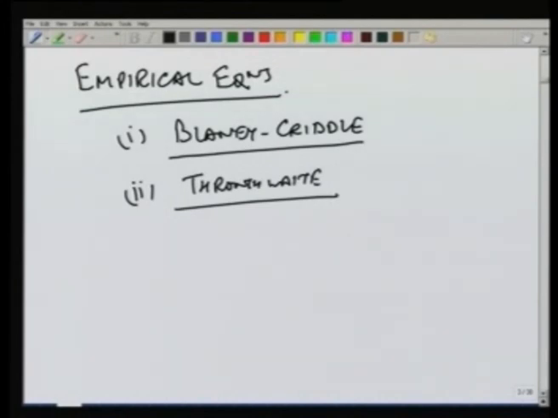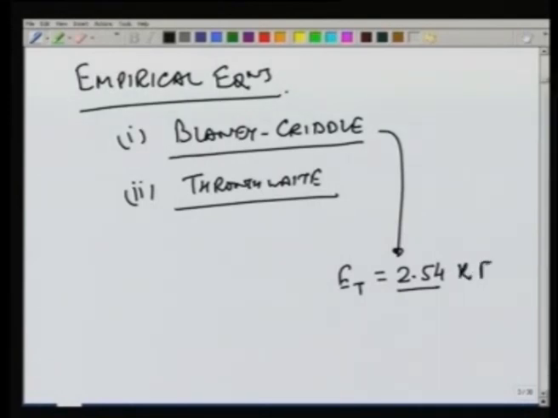Now, in the Blaney-Criddle equation, we have an equation which relates the evapotranspiration. This 2.54 factor comes because the original equation is in FPS units, and there are two terms K and F on which this evapotranspiration depends.